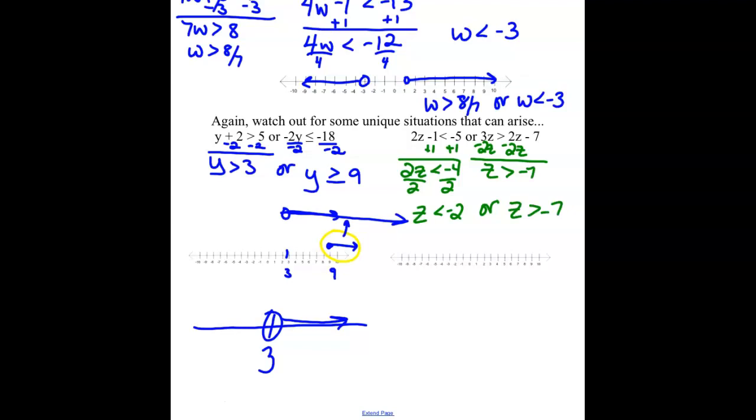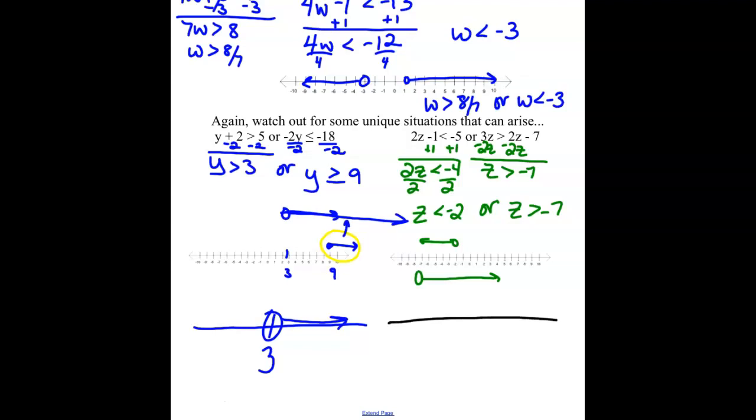All right, so if we picture graphing this, at negative 2 we want to be smaller than it, or at negative 7 we want to be greater than it. And if we want both of those pieces to be included, we really are shading the whole number line.